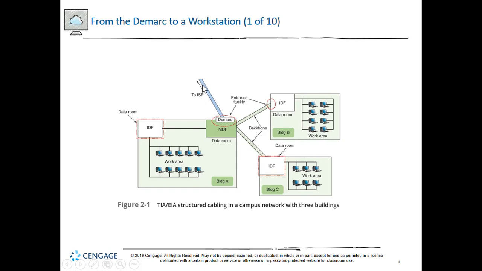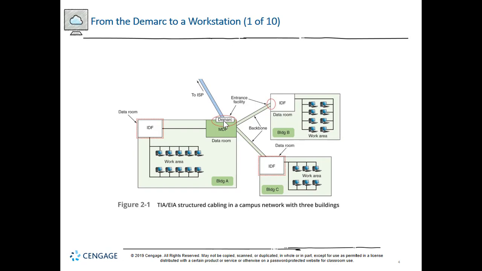Now, as we come in, okay, the ISP is over here, what we'll call the cloud. This is our Demarc. Now the Demarc is our demarcation point. This is where the telecommunications company brings the line into us, and then from there it goes from their responsibility to our responsibility. Now, in the readings, you may have noticed that we call things the entrance facility.